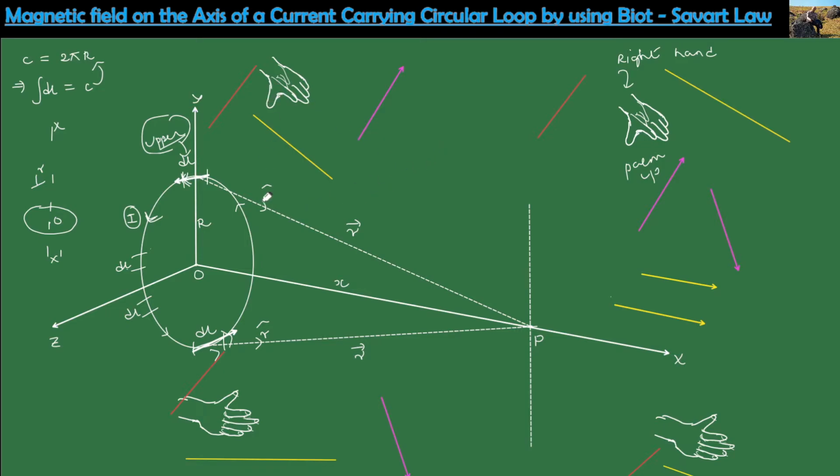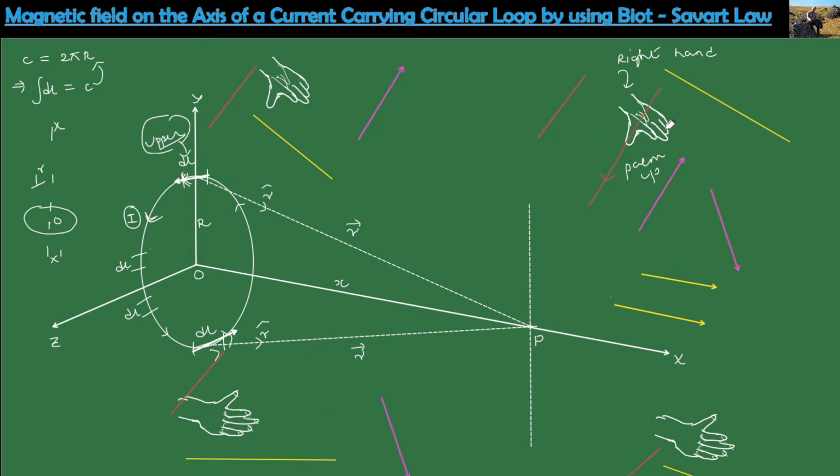When you look at this right hand, I have placed this thumb in such a way that it is pointing along the direction of the current flow.